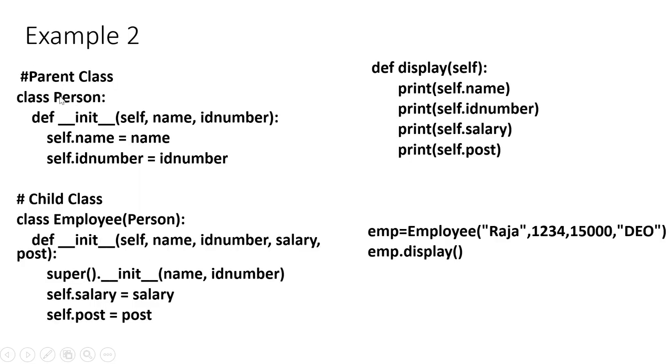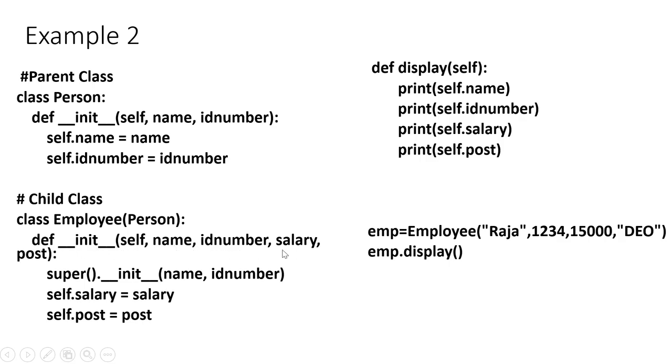Another example: person with name and ID number has a constructor which initializes the value of name and ID number as per the values received during object creation. Here the child class name is employee, and it inherits the person class. Here the constructor is defined.